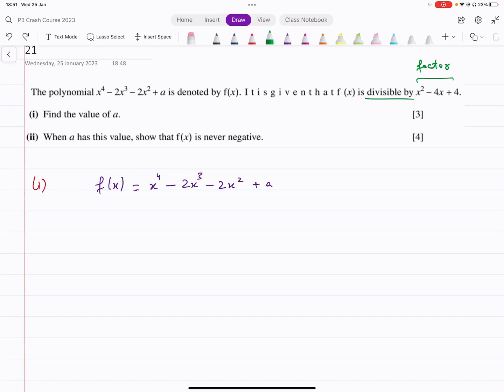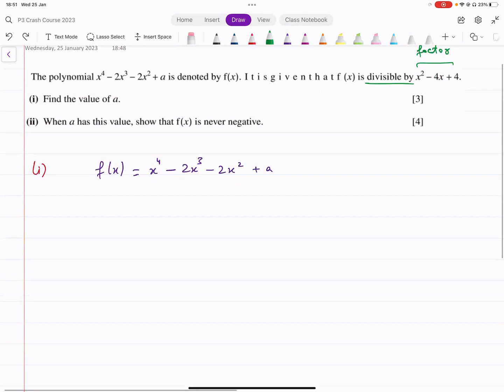So you can do long division, and after you're done with that long division, you get a remainder at the end. You'll put that remainder equal to 0, and that's going to give you the value for a. That's one possibility.